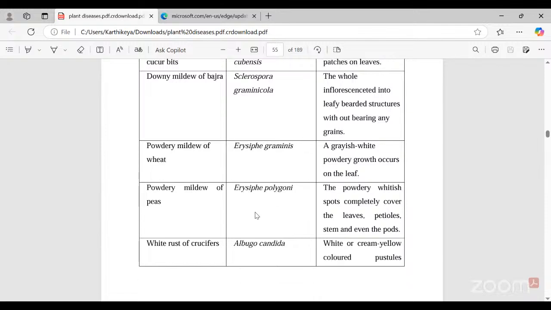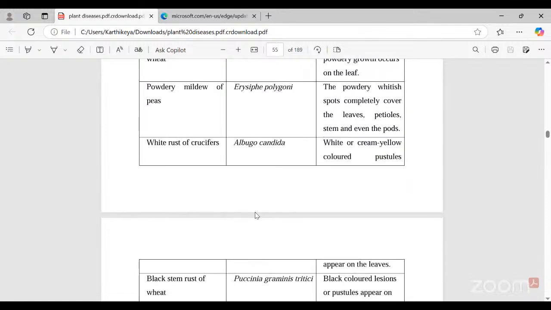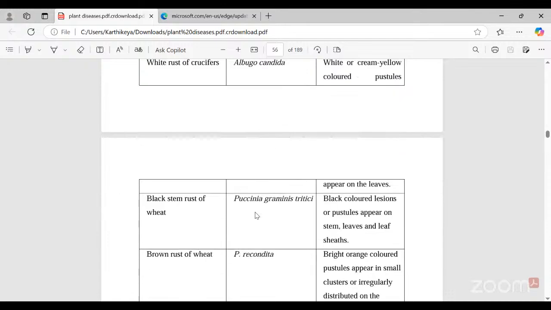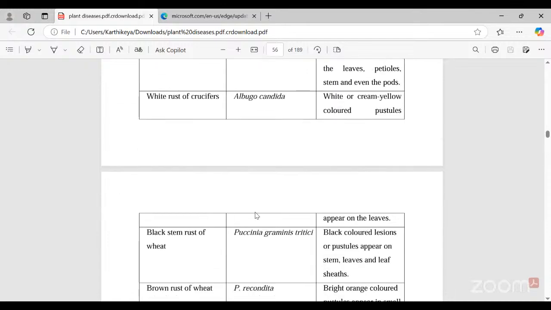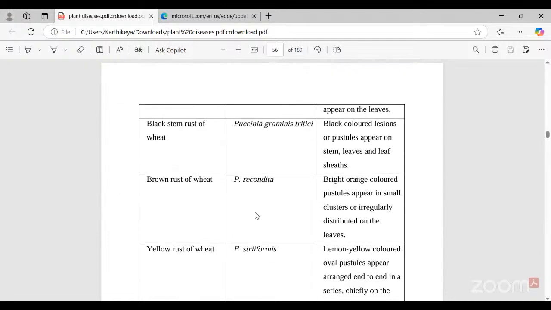Next one, white rust of cucurbits, Albugo candida: white or creamy yellow colored pustules appear on the leaf.